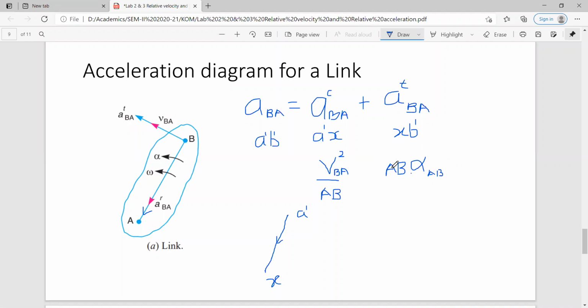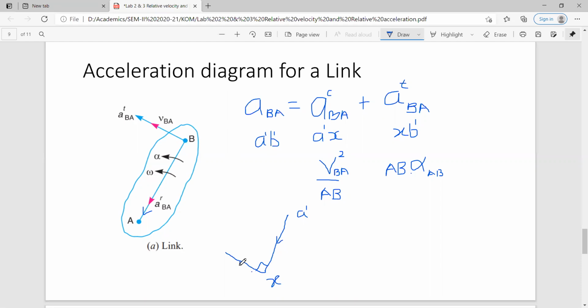The direction in which the velocity of B with respect to A is going. This velocity is going upward, so I will draw it upward like this. Remember that this line which I am drawing is perpendicular to the radial component.